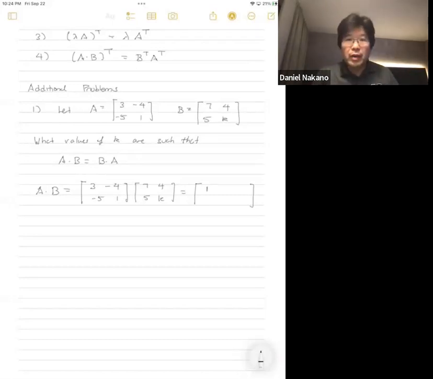Then I take the first row of A with the second column of B, so that's 3 times 4, that's 12, plus -4 times k. So it's 12 minus 4k.